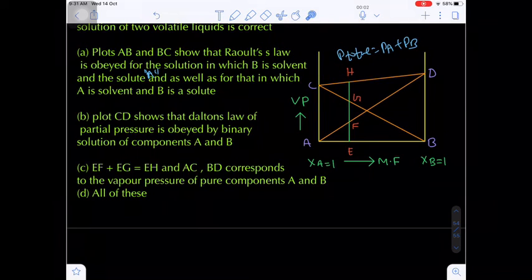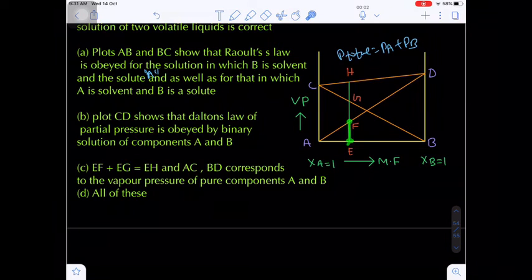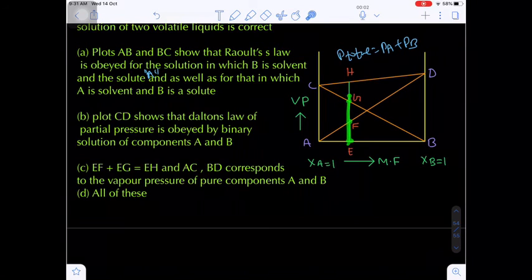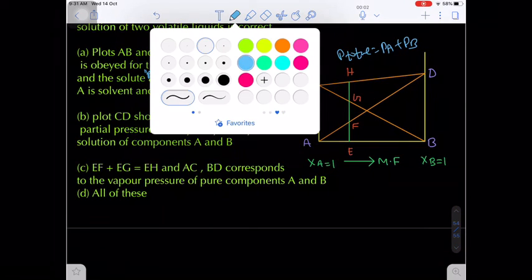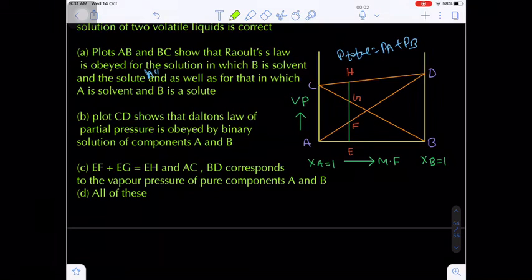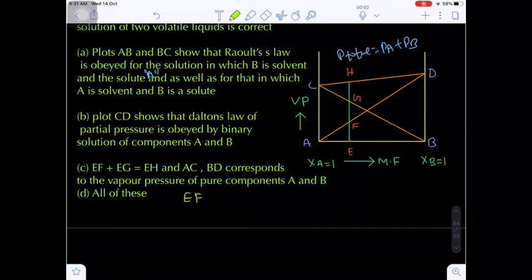And come to the next statement, C. Statement C: EF plus EG, the distance E to F plus E to G, will be equal to E to H. Actually, it is not related to scale. Now what is the meaning of EF?